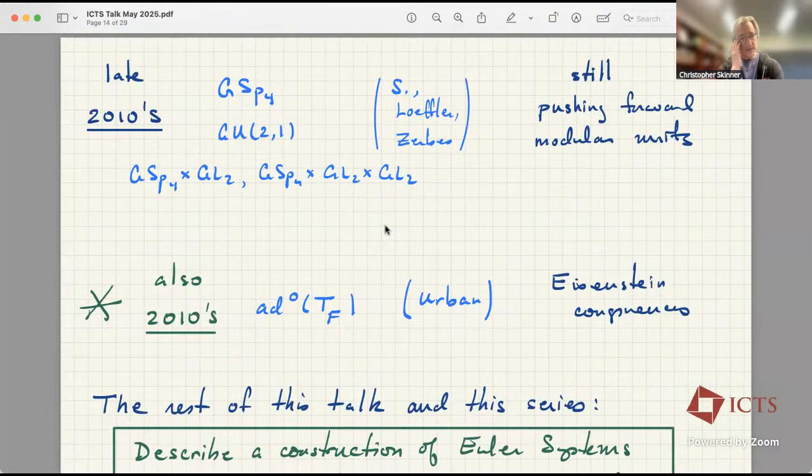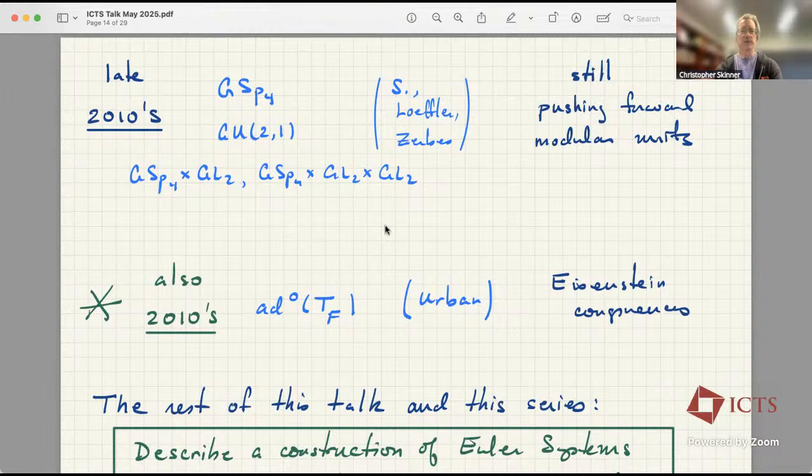So in the late 2010s, in collaboration with Loeffler and Zerbes, we constructed Euler systems for the spin L-function, the degree 4 Galois representation of GSp4, the standard representation, so the degree 3 Galois representation for GU(2,1), still by pushing forward modular units.